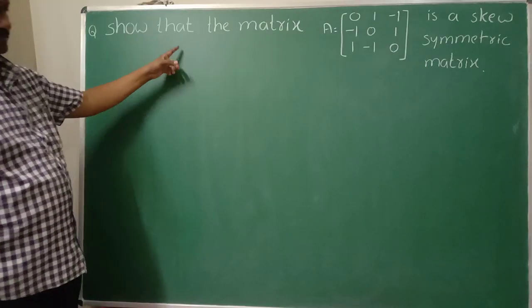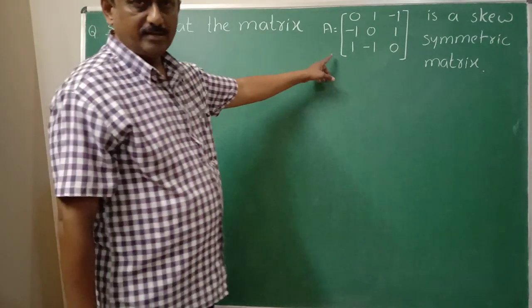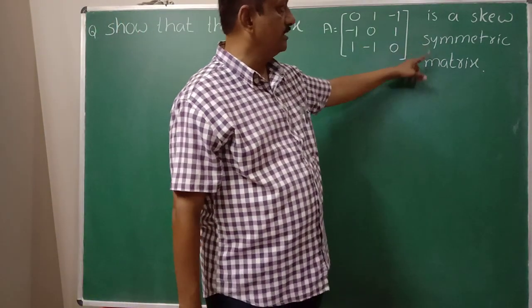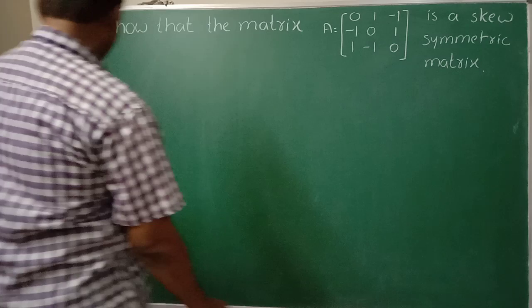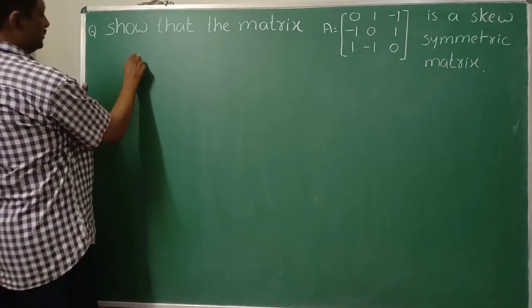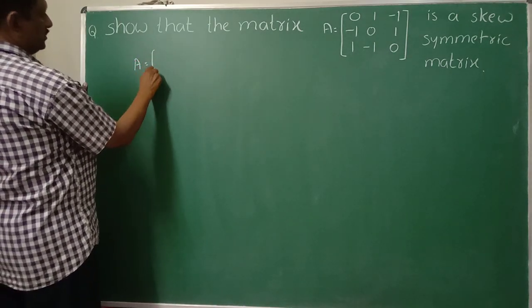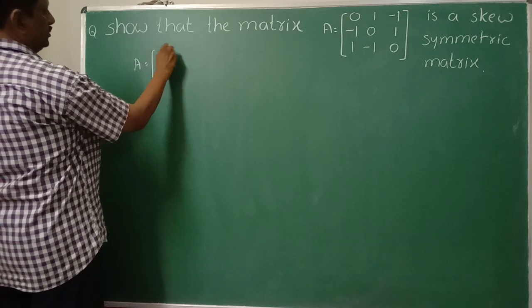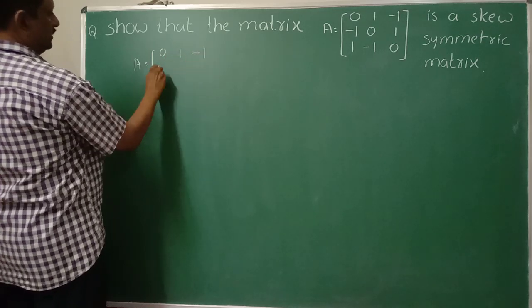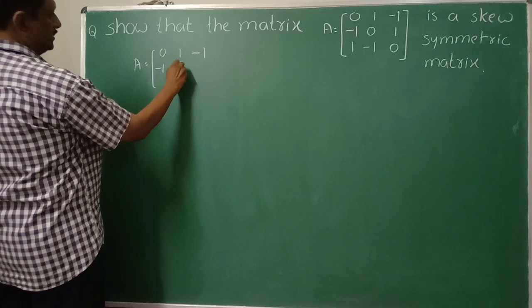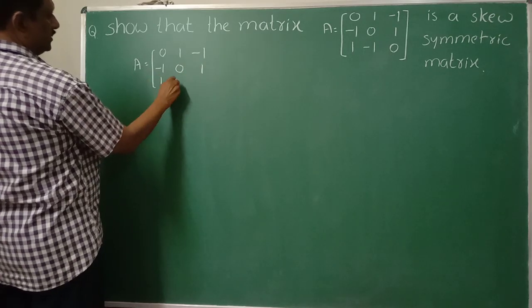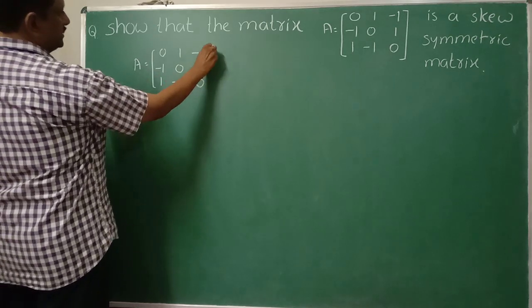Show that the matrix, again a 3 by 3 matrix, is a skew symmetric matrix. Here A is equal to [0 1 -1; -1 0 1; 1 -1 0]. It is the given matrix.